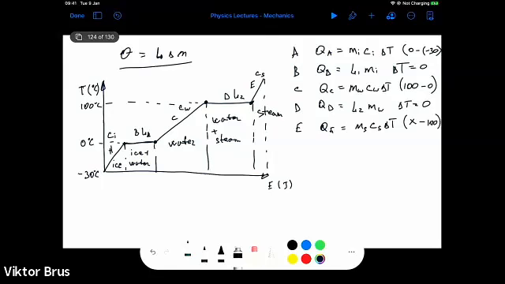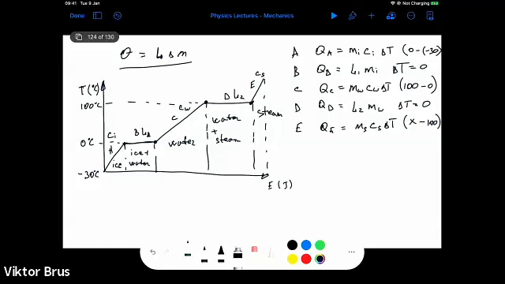So this is a step-by-step consideration of warming up ice, then phase transition of ice to water, then warming up water, phase transition of water to steam, and warming up steam. This, of course, can be applied to different materials, different substances.